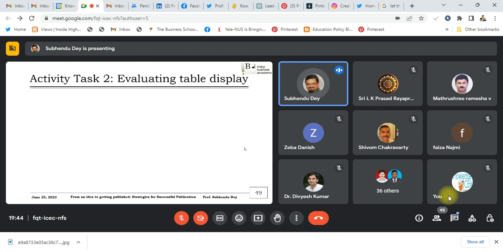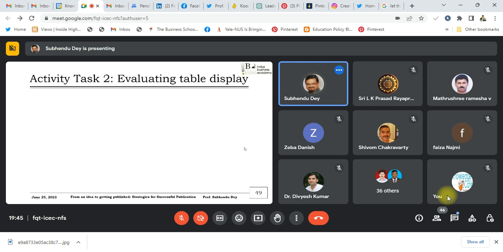I would stop here, take a 5-minute break, and I would like you to think about something. One of the things which I'm missing is that I don't think we have the facility of a breakout room here in Google Meet. If I had that facility, I would have broken you into smaller groups and we could have done this activity.